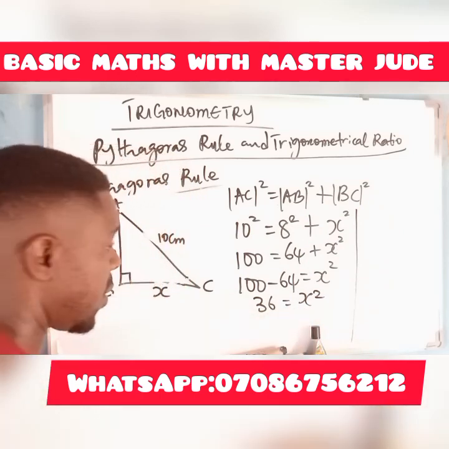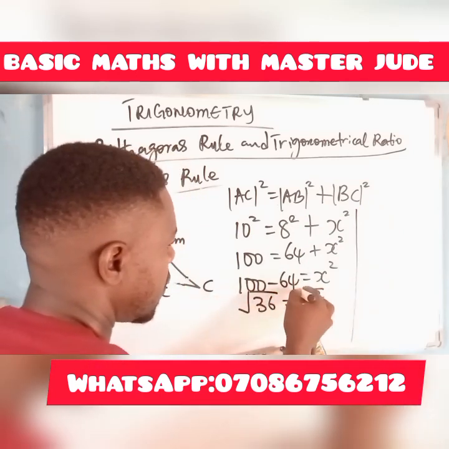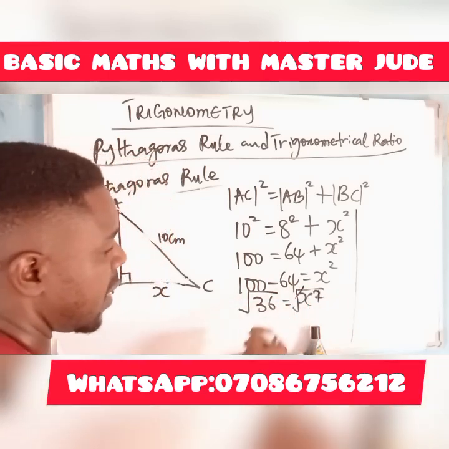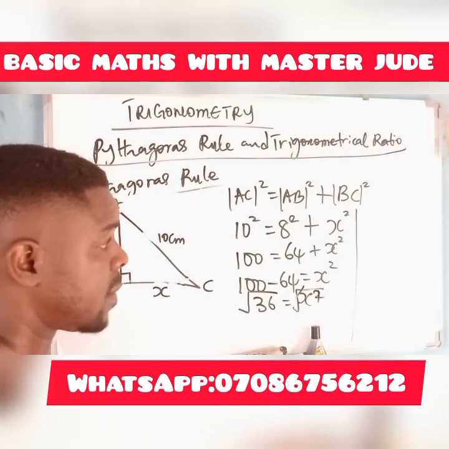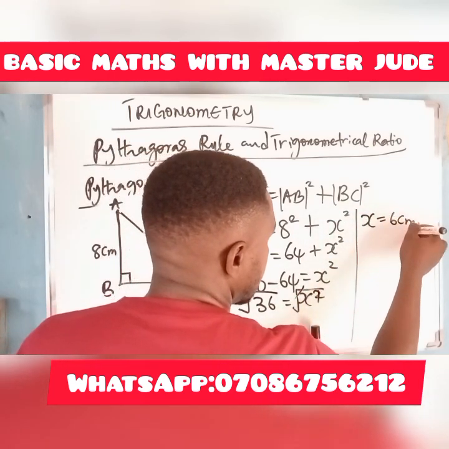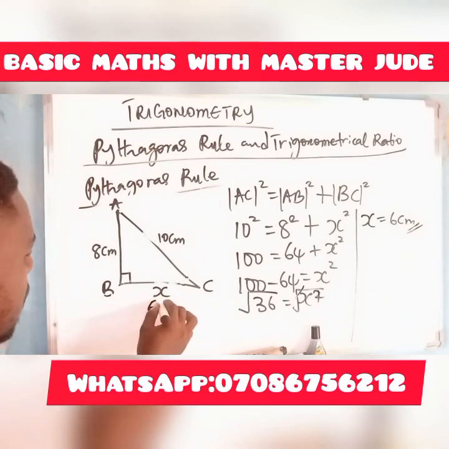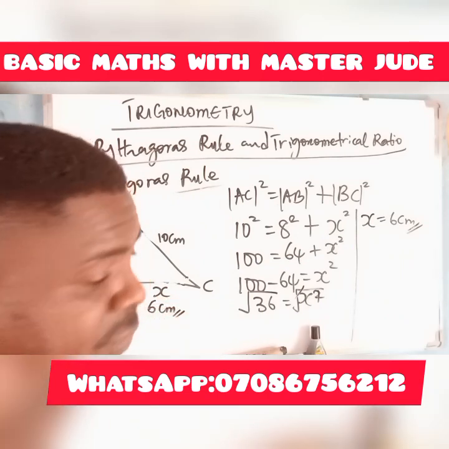Because we are looking for the value of x, not x square, we take square root of both sides, so that these two will cancel. So square root of 36 is 6. So the value of our x is equal to 6 cm, meaning that this side is 6 cm. Now this is all for Pythagoras theorem.